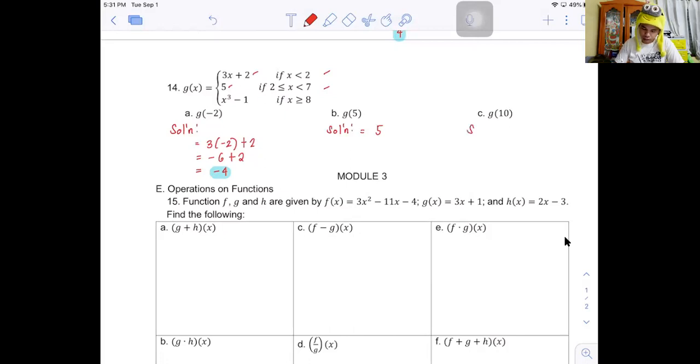So for letter C, 10. Dinhi na belong si 10 and kani imong gamiton. So maingon dayon ka nga 10 cubed minus 1 is equal to 1,000 minus 1 or 999. Okay? So muna siyang ato ang mga answers.